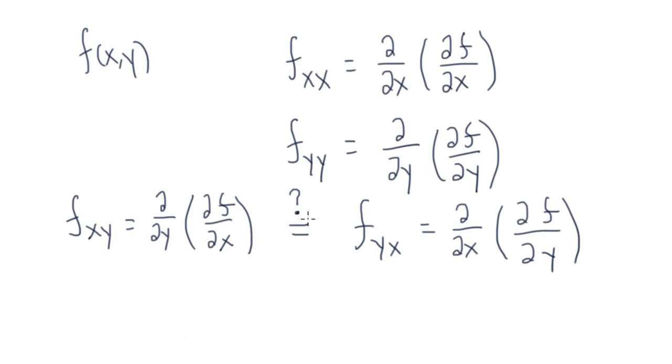That's an excellent question, and it turns out to not always be the case. Sometimes if you take the derivative with respect to x first, then y, you get something different than if you take the derivative with respect to y first and then x. But what we do know is that most of the time they are the same.